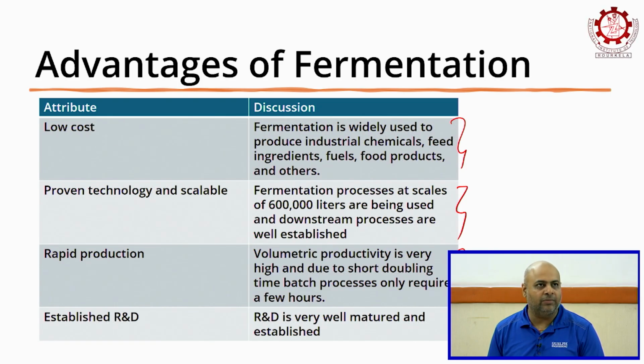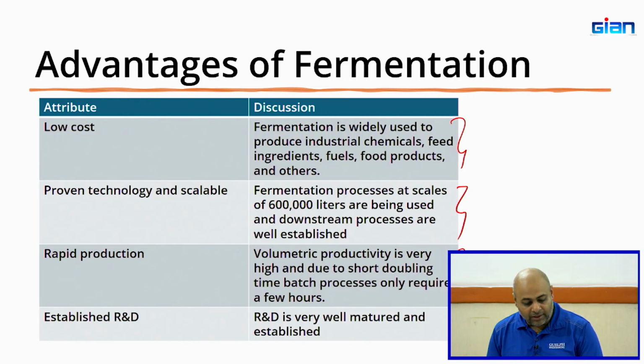That's the reason why fermentation can be low cost. But there are not many companies in the world that actually make reactors. Because of the scale at which you can use them, you can develop more bulk products and reduce the cost. It's a very proven technology, scalability is there, and that can also reduce cost.